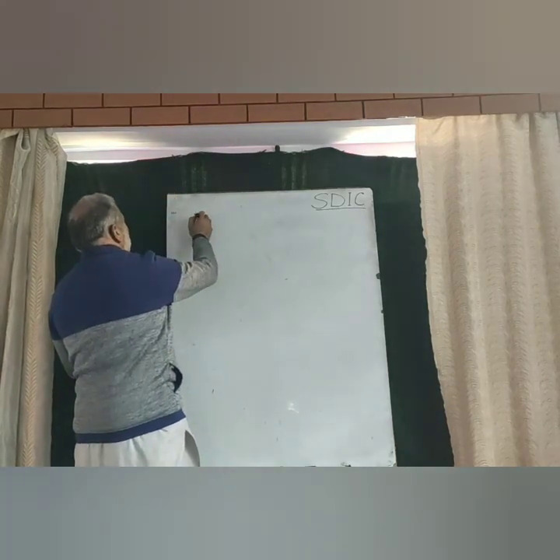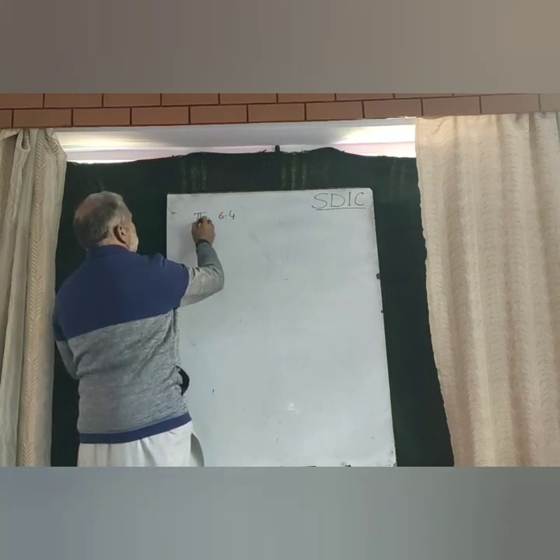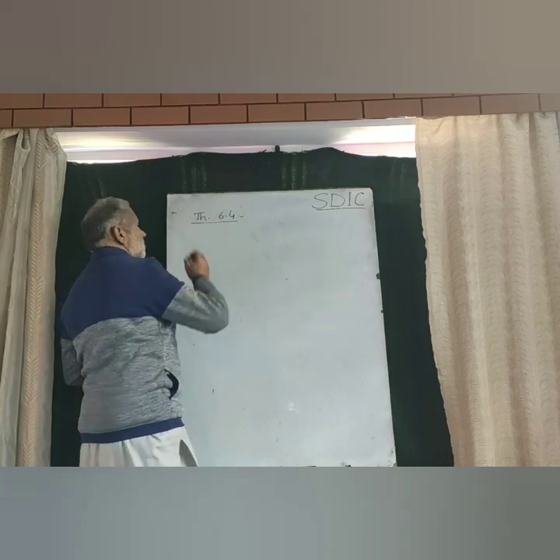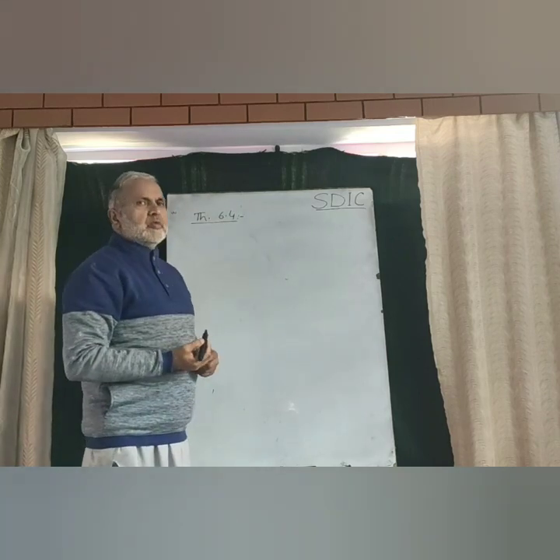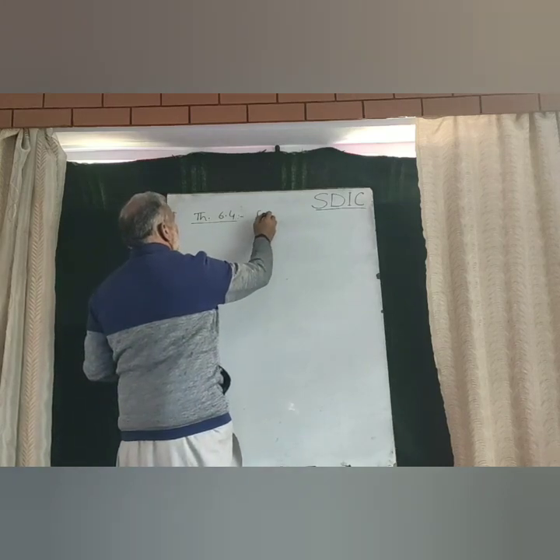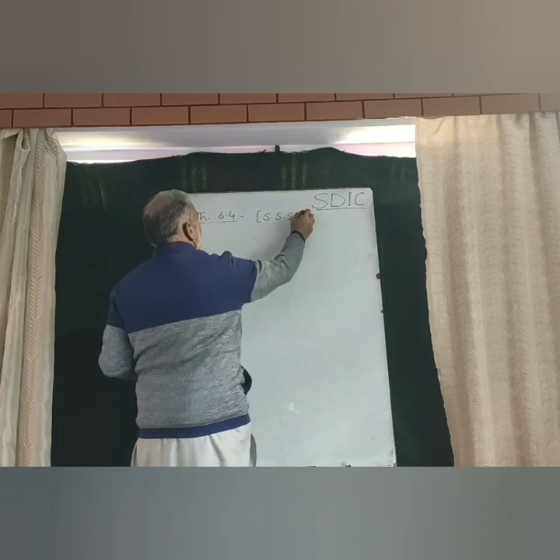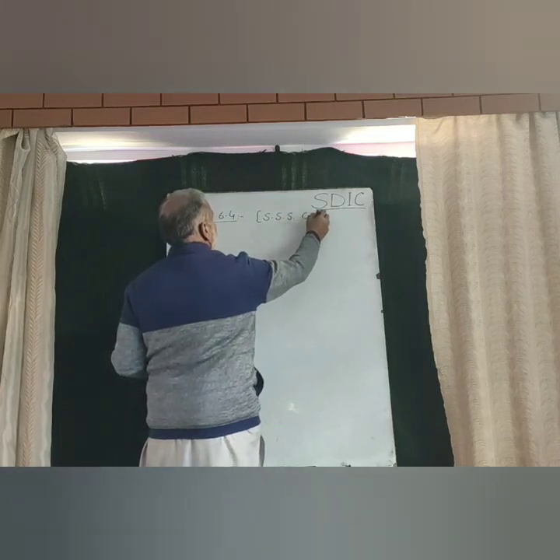The statement of theorem number 6.4, because chapter number is 6, theorem number is 4, the fourth theorem of the 6th chapter. This theorem is called SSS Congruence Rule.